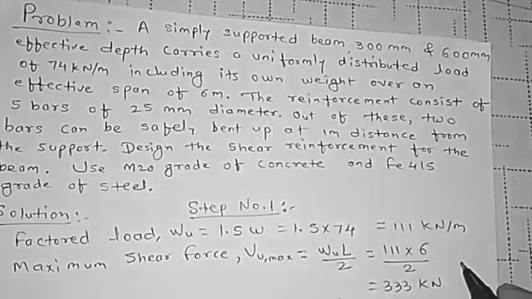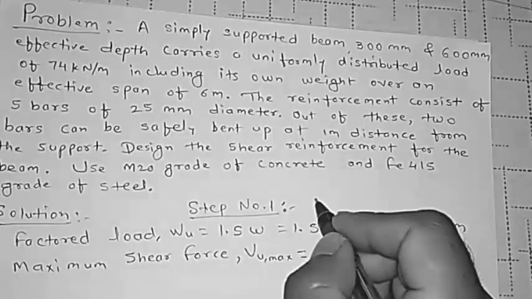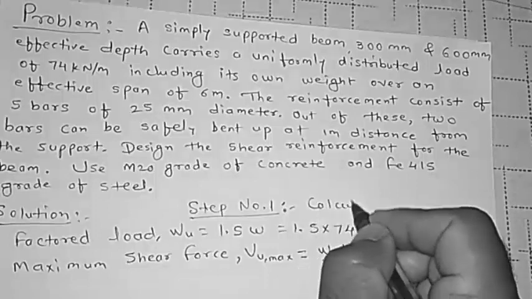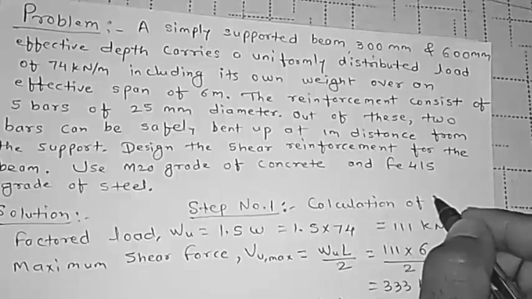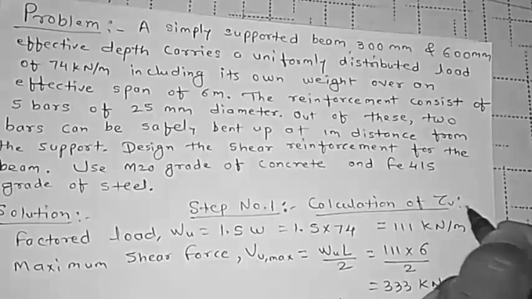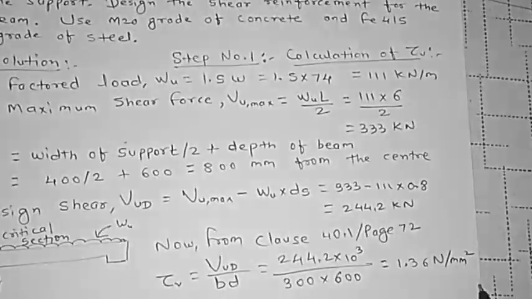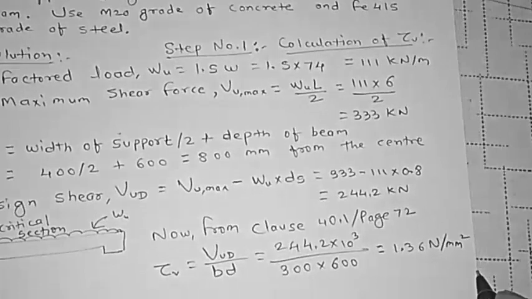So this is our step number 1, calculation of tau v. Now in the next step we will be calculating the area of the reinforcement.